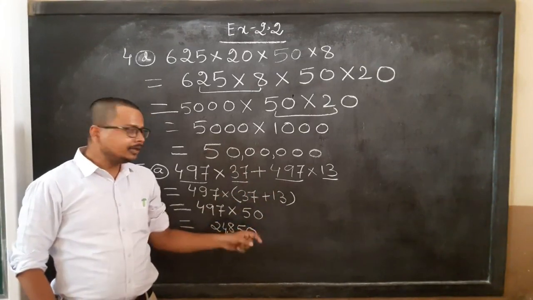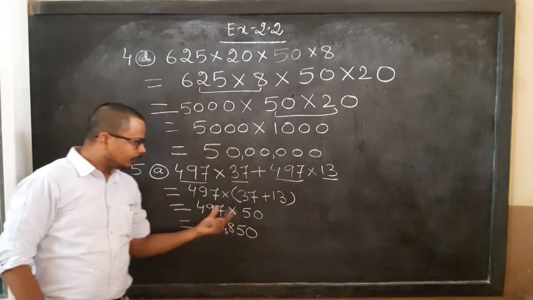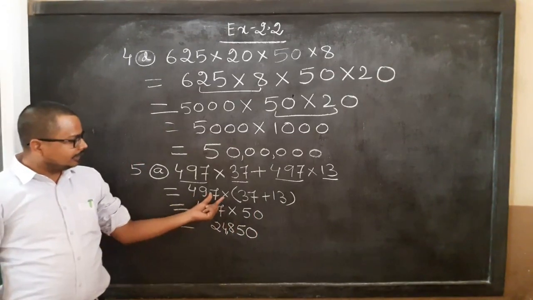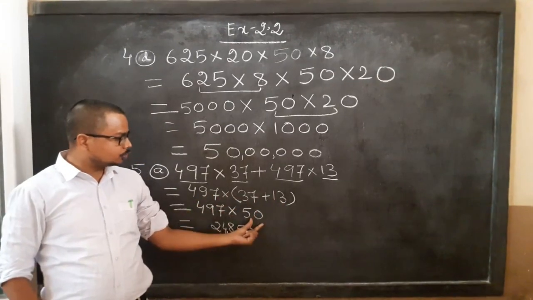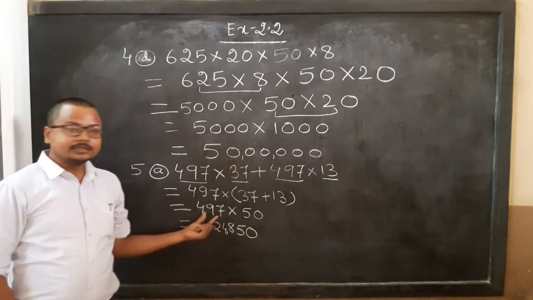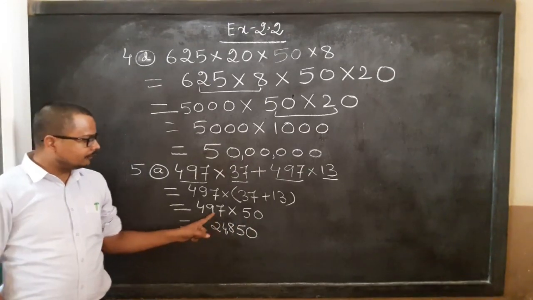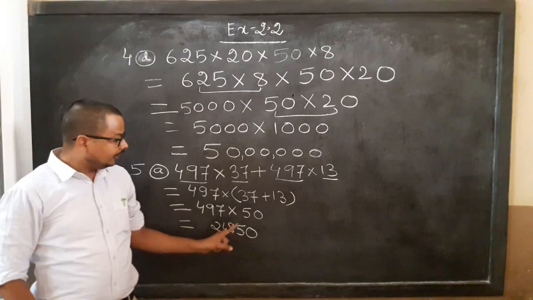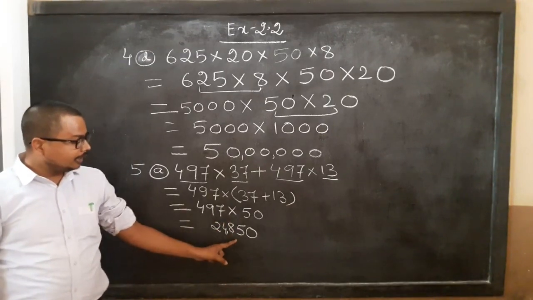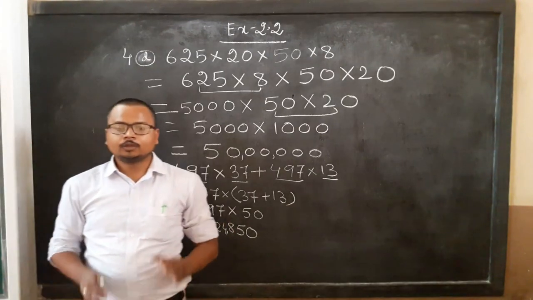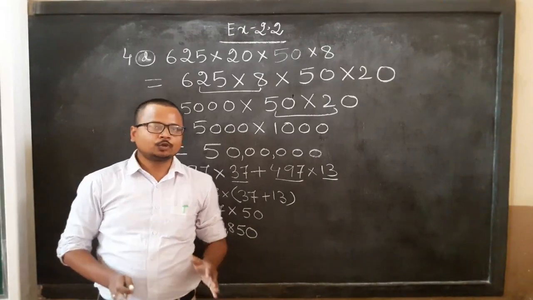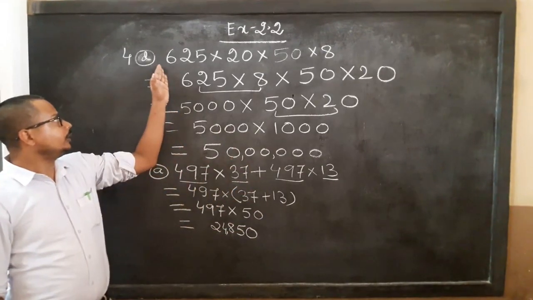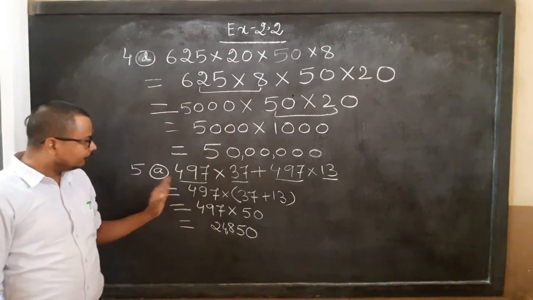To make it easier, we use this process. Okay, so 497 into 37 plus 13 equals 50. Now it is easier for us to multiply 497 and 50. We get the answer 24,850. So students, in this way we can solve question number 4 and 5.